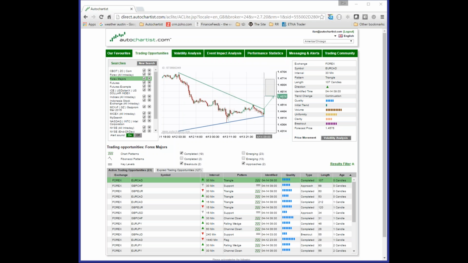I'm just going to pause my screen so I can bring up an example MT4 platform for everybody, so I can show you what I'm talking about.